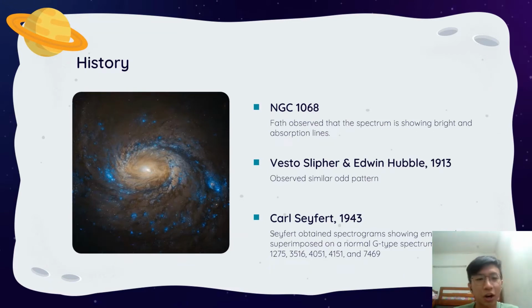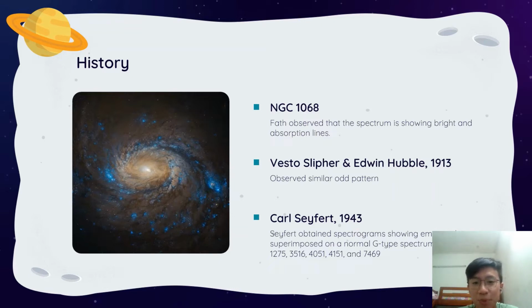The discovery of active galactic nuclei began with Fath in the early 20th century. Initially, Fath wanted to test the claim that the spiral nebulae show a continuous spectrum consistent with a collection of stars. One of the most significant observations in this case is NGC 1068. He observed that the spectrum shows bright and absorption lines.